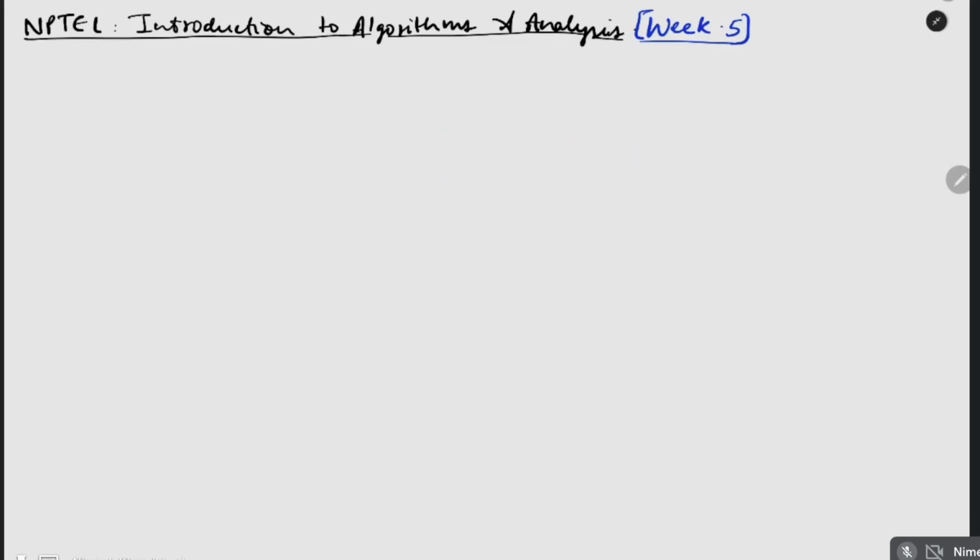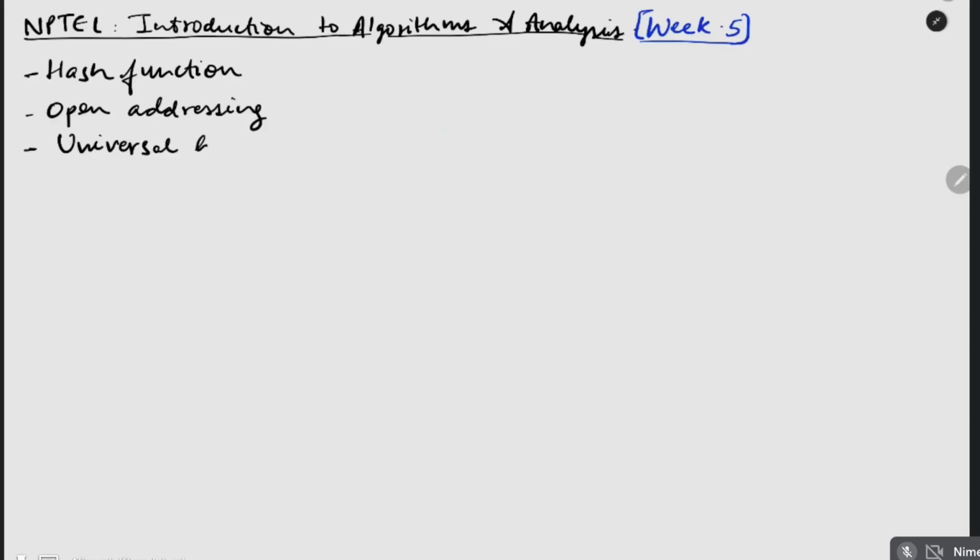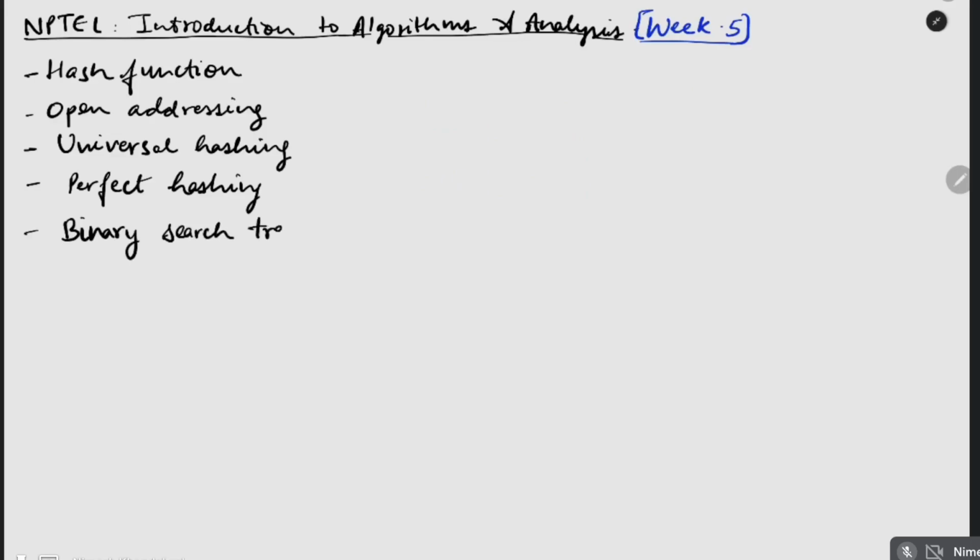In this week, the primary topics that were discussed were hashing and hash functions, and open addressing, universal hashing, perfect hashing, and binary search tree sorting.